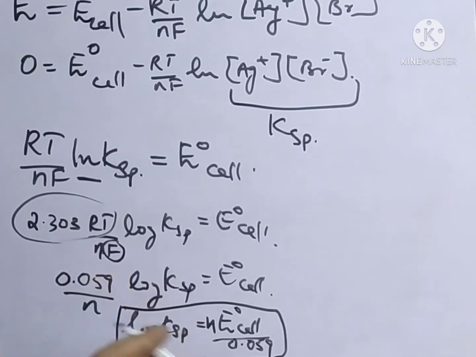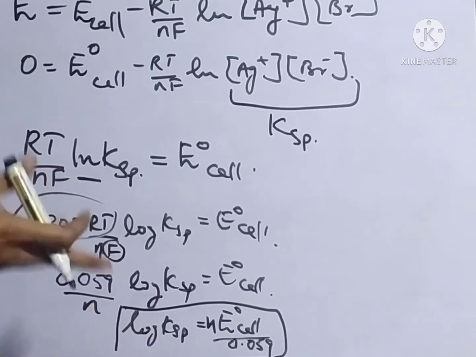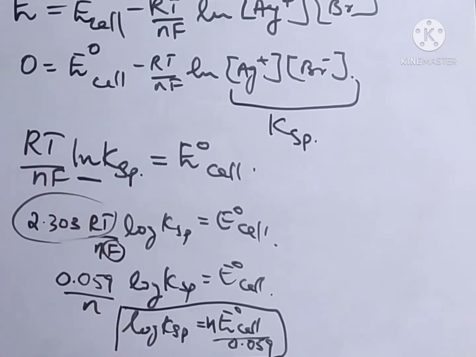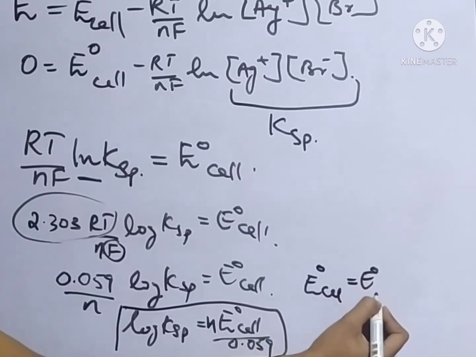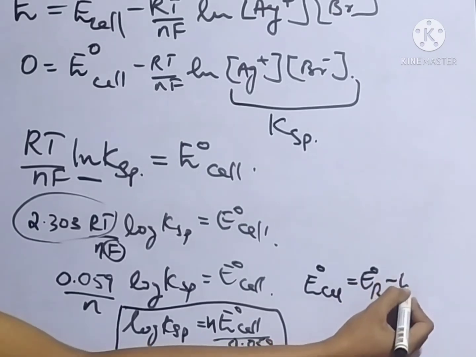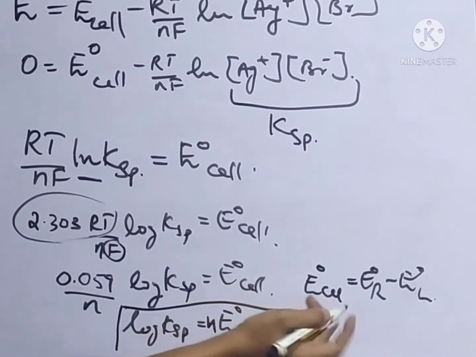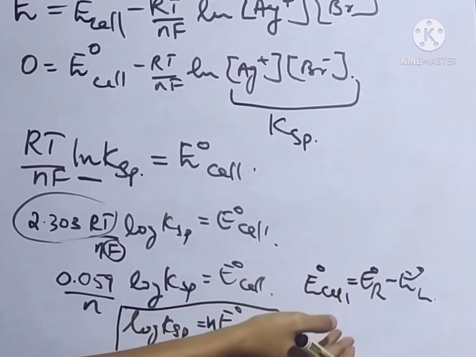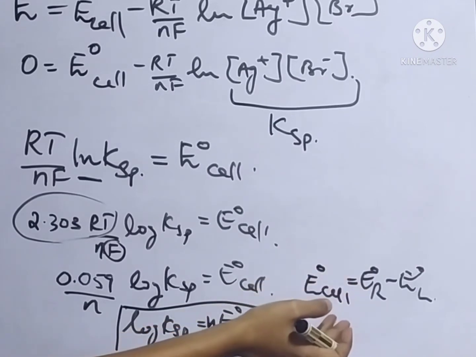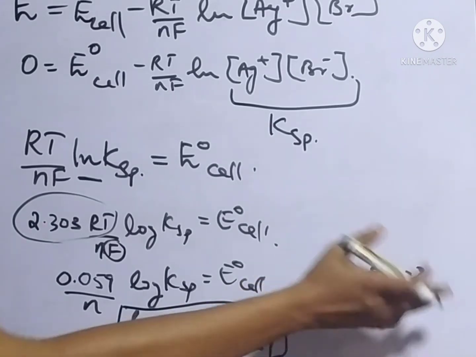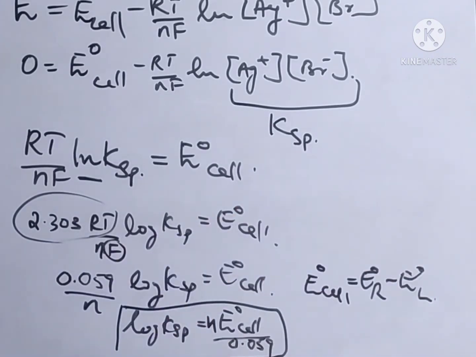By taking the anti-log of this value, we can calculate the solubility product of any reaction, right? This is E0 cell value, and we know E0 cell equal to E0 value of right electrode minus E0 value of left electrode, or E0 cell equal to EMF value of the cathode minus EMF value of anode.